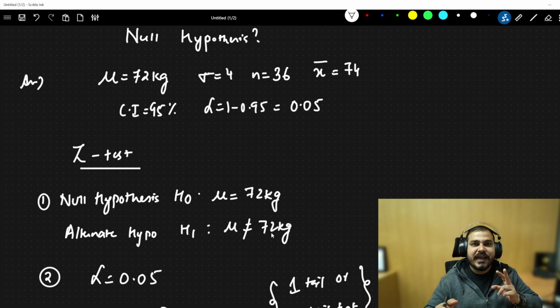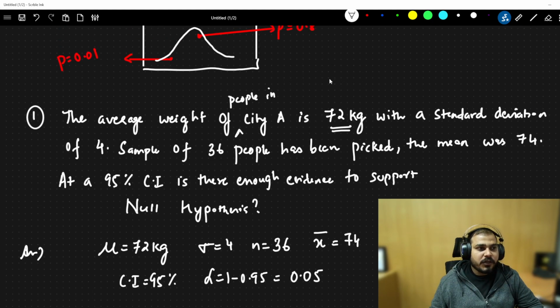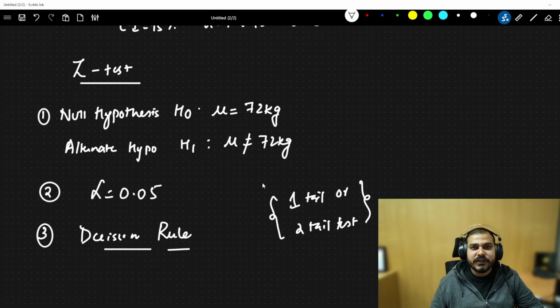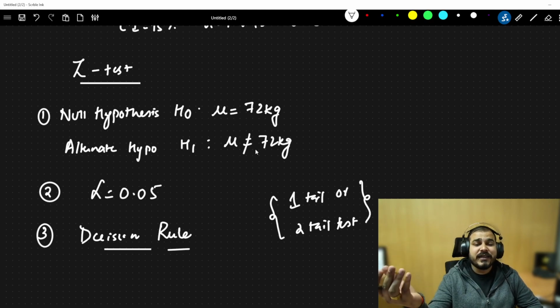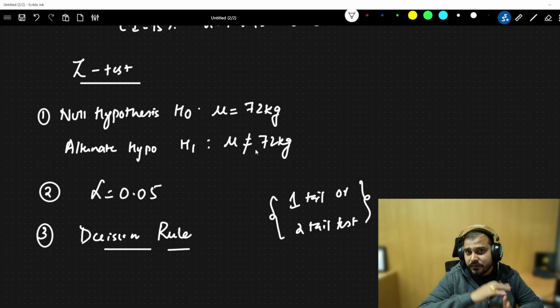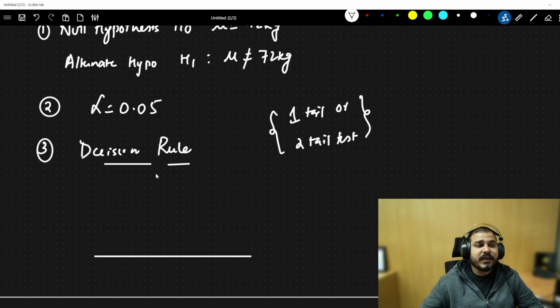So in this scenario both are there, because we are checking whether the mean is equal to 72 or not equal to 72. In the alternate hypothesis, if the mean is less than 72, it means the mean is not equal to 72. If it is greater than 72, that also means the same thing. So in this case, we will definitely be applying a two-tail test.